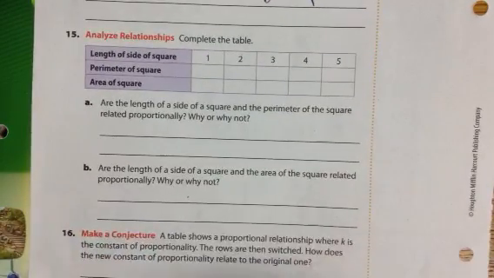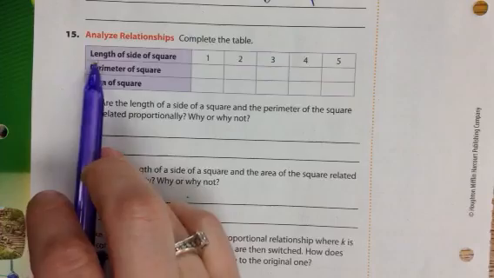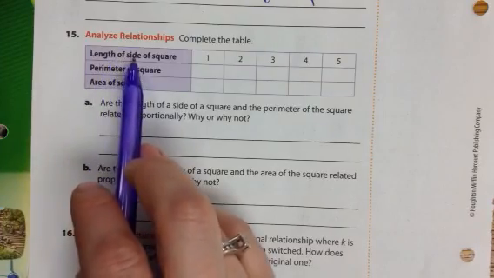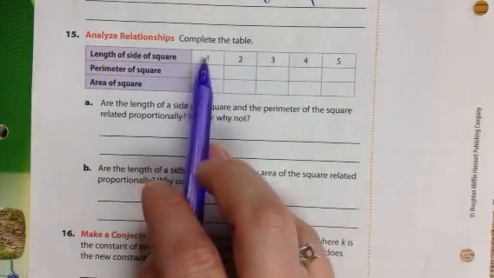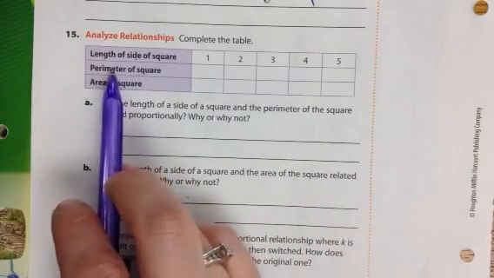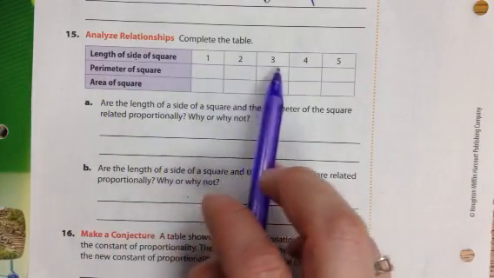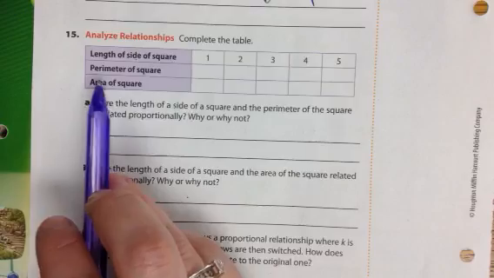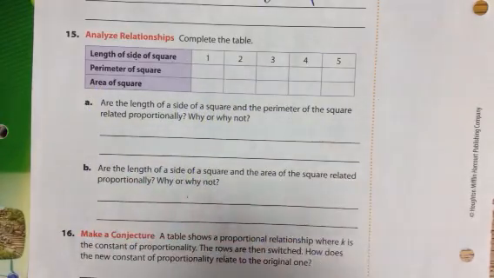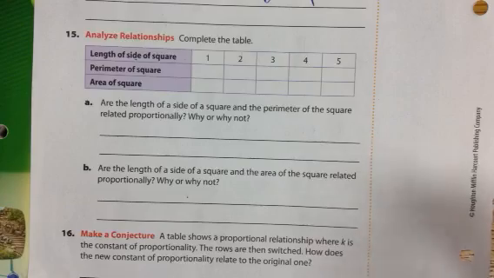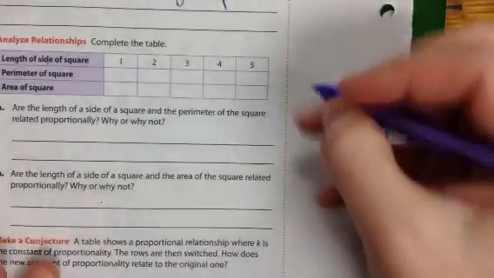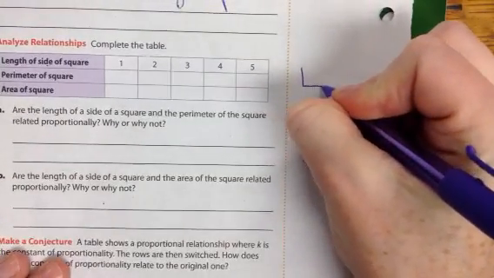Number 15 says complete the table. So they're giving me the length of the side of a square, these different lengths. They want me to fill in the perimeter of those squares, and they want me to fill in the area of those squares. So anytime you're working a problem that has to do with some type of geometry, like a shape, and they didn't draw it for you, it makes sense for me to see it.